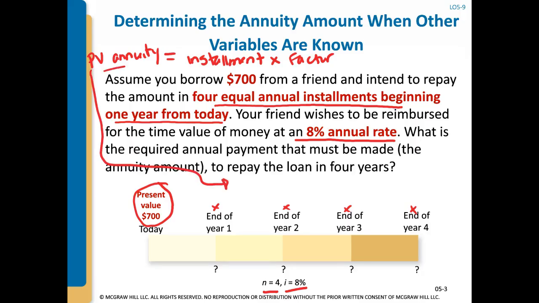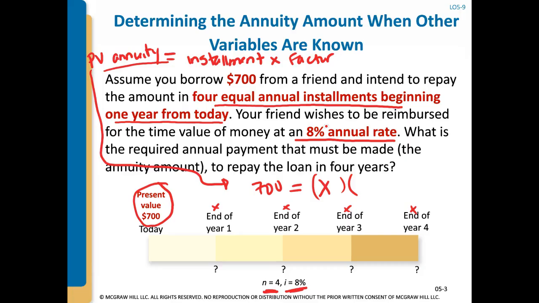My present value of the annuity, we know that's $700, that's given. The installment amount, we'll call it X, we don't know, times the factor. The factor we do know. We need a present value of an ordinary annuity with n equals 4 and i equals 8.